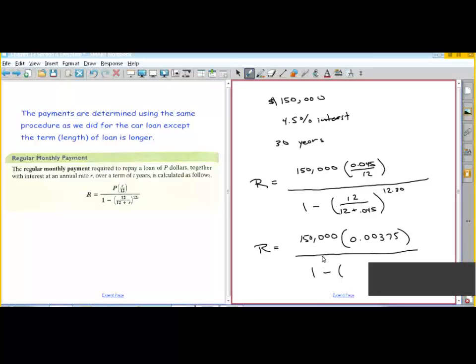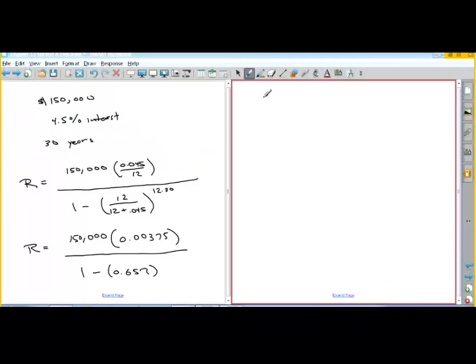Oh, I divided by 360. Okay, let's try it again. So I get 0.657. That's the result of that part of the calculation.